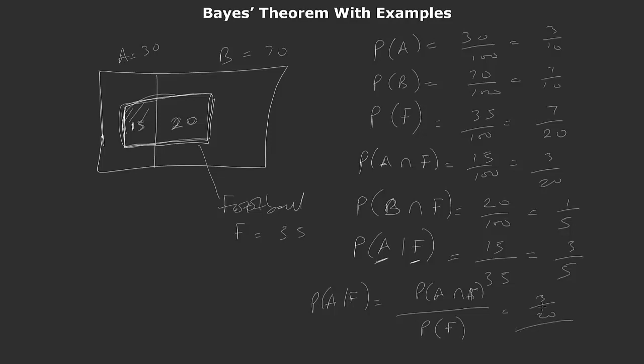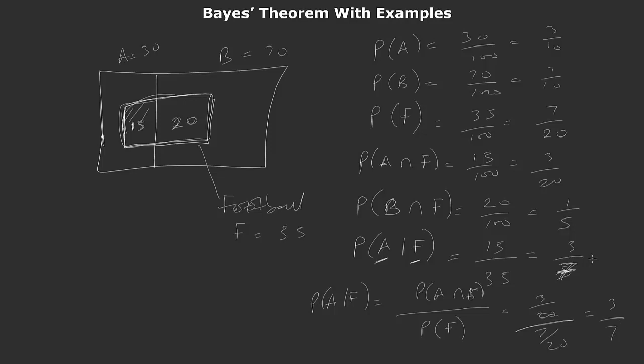Then the probability of F is 7 over 20. So here you have 3 over 20 divided by 7 over 20, and at the end of the day, you're going to get 3 over 7. So it gives you this, right?